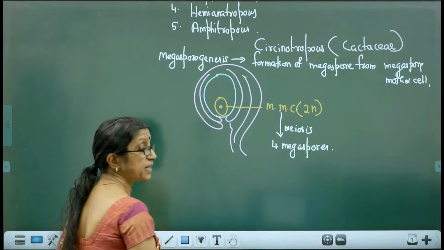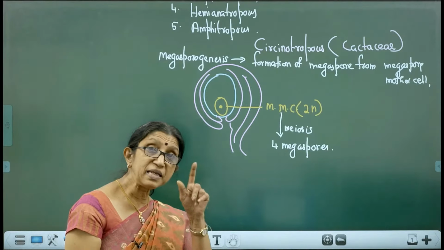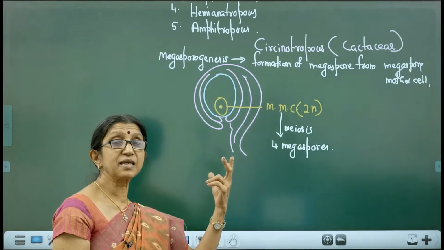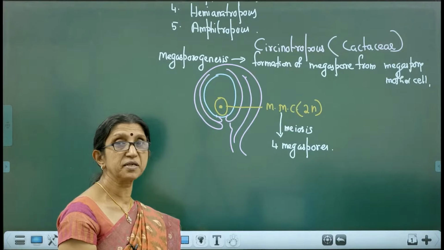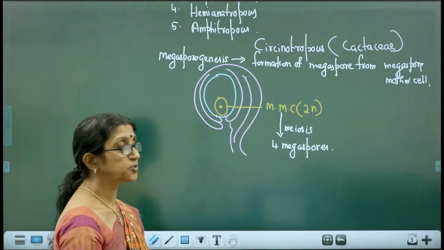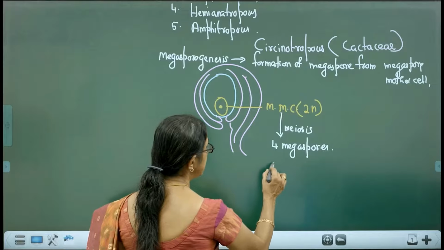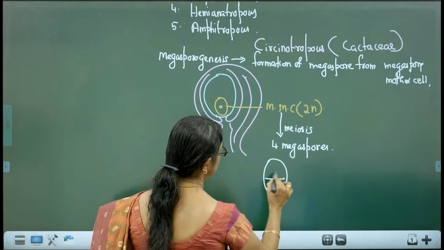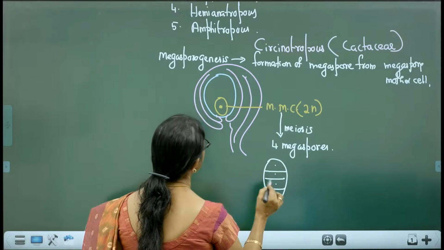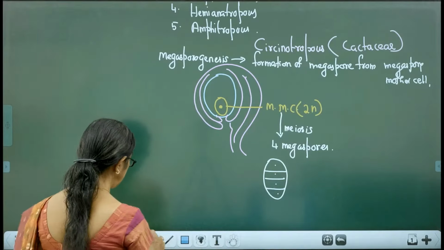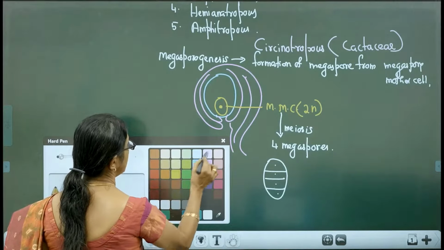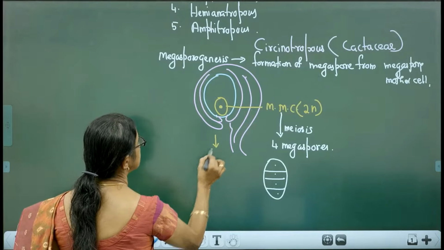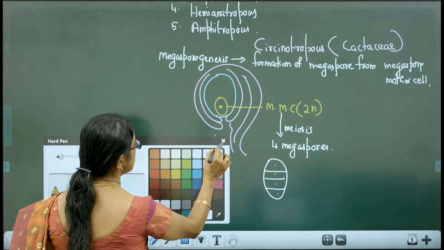The resulting megaspores get arranged in a linear fashion, whereas the microspores get arranged variously, as you have studied. So here the megaspores get arranged in a linear fashion. That is 1, 2, 3, 4, like this.